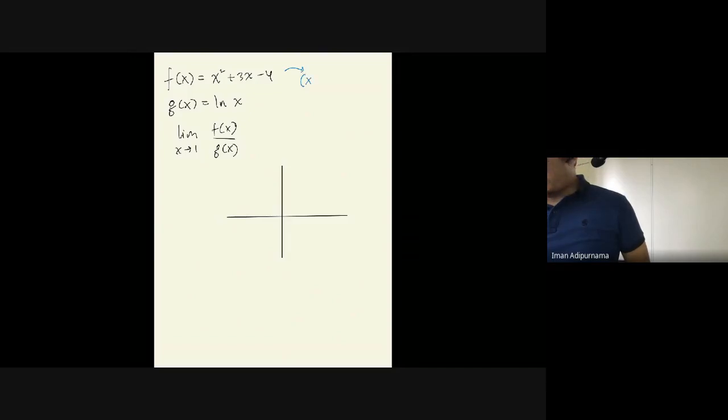You can factorize this to 4 and 1, right? So I have minus 4 here and 1 here.